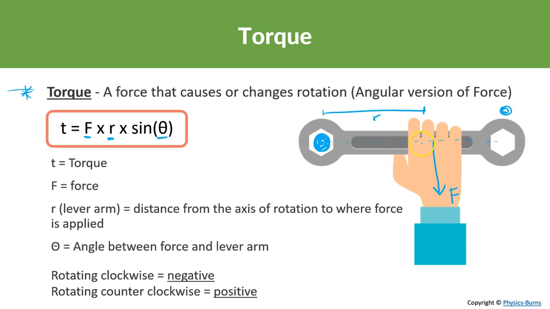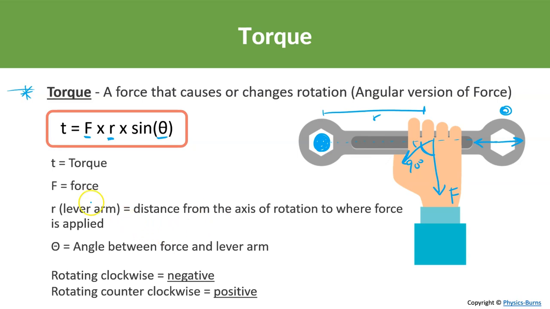If we pull perfectly perpendicular, this will give us the best angle to pull, 90 degrees. Sine of 90 is equal to 1. But if we pulled at a weird angle, like this way, it'll be hard. And if we pull this way or this way, that just equals 0. So no matter how much we pull, we won't be able to loosen this or put any torque on that.